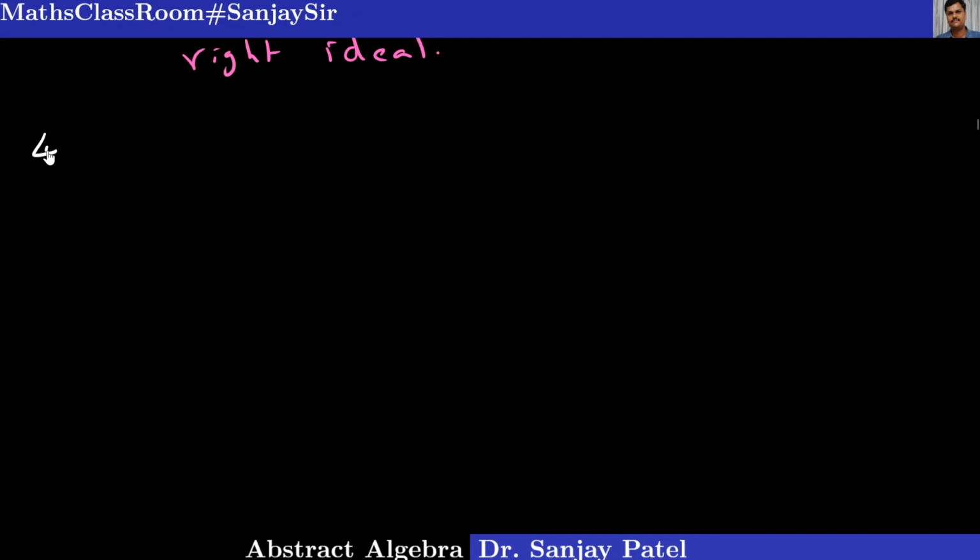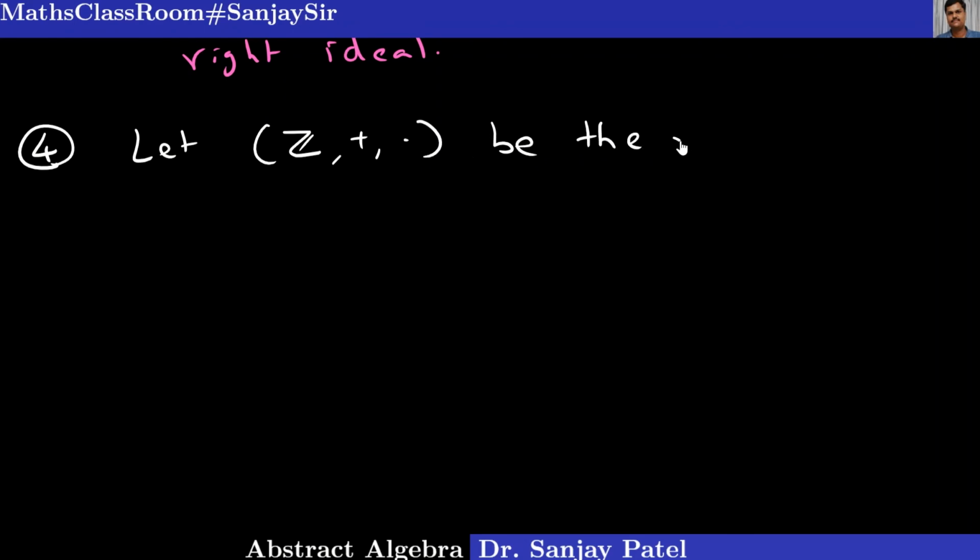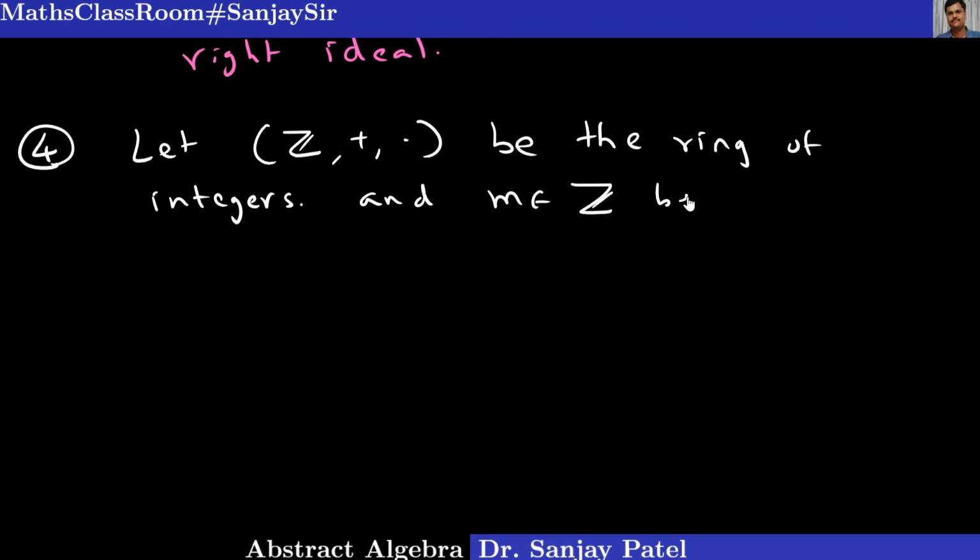So my fourth example, let us consider Z, plus, dot, the ring of integers, and let m belong to Z be fixed.